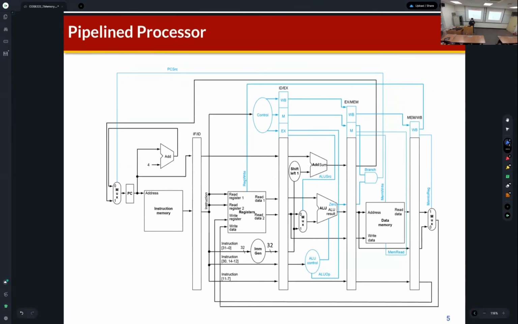So in chapter 4, where are the memories actually? In chapter 4, we learned about the process architecture, and in this process architecture, we can find two kinds of memory: instruction memory and data memory, right?